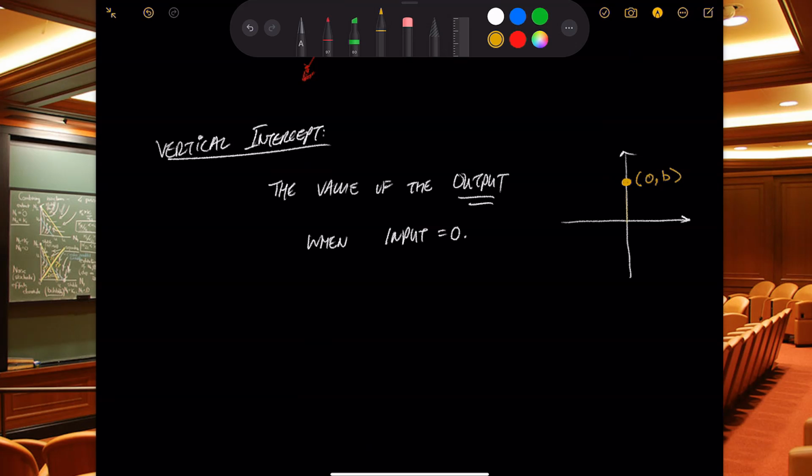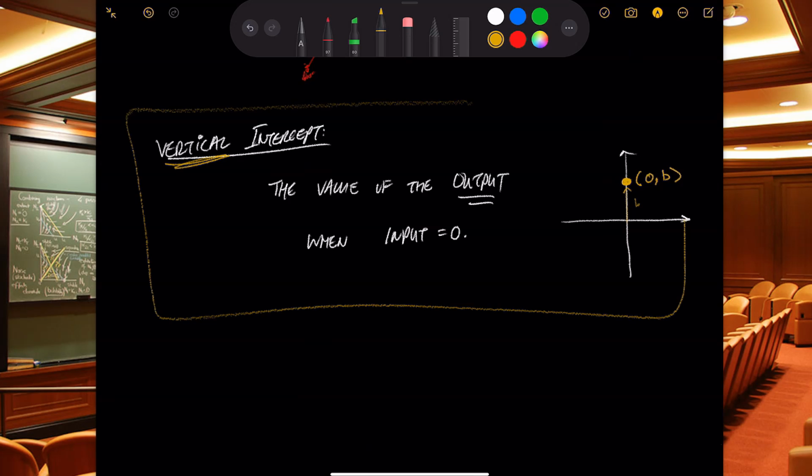The height up in the air is a distance of b, and the distance side to side is 0 because it hasn't gone left or right at all. It's on the vertical axis. That's why it's the vertical intercept, right? But big idea here is it's the value of the output when the input equals 0. We know that we're on the vertical axis. It's also called the y-intercept.